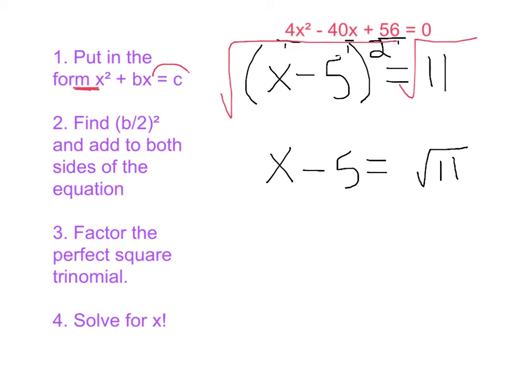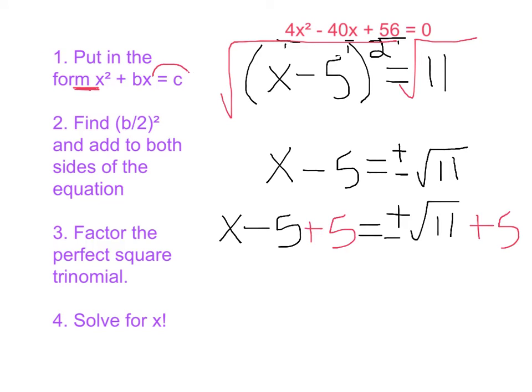But remember, common mistake is for students to forget the plus minus sign in front. You need that because we're always going to have two solutions. One where you consider a positive square root of 11, and another when you consider a negative square root of 11.